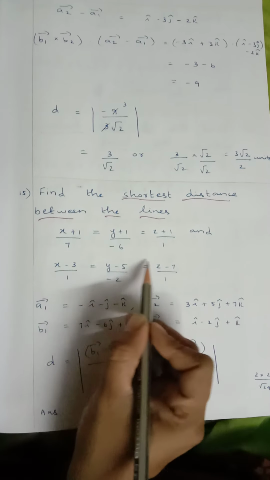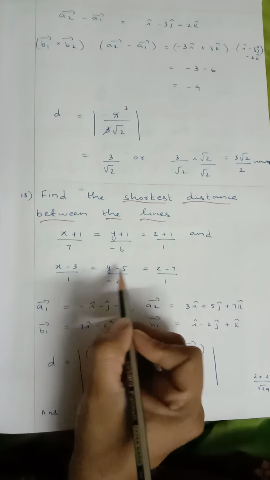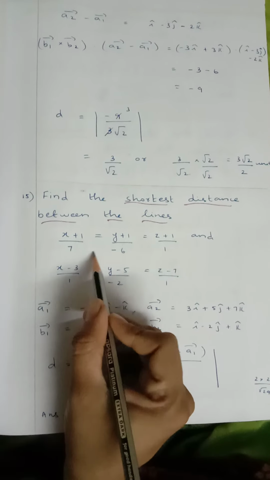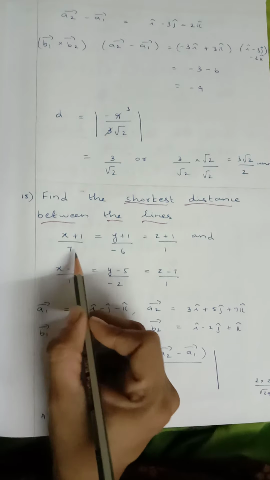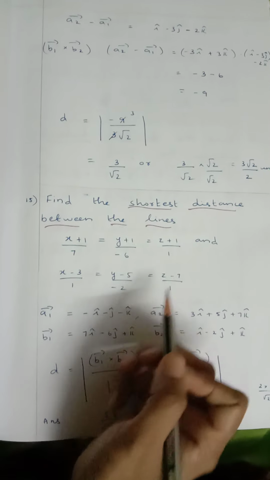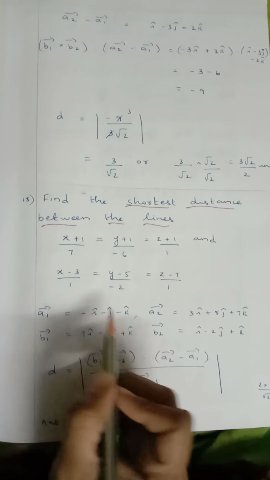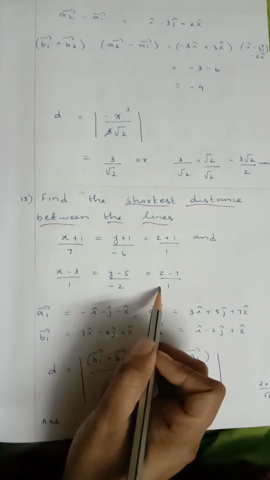And what is your a2? If it is minus, it means plus, right? So 3i 5j 7k. In the denominator, we won't change the sign. This is your b1, 7i minus 6j plus k, and your b2 is i minus 2j plus k.